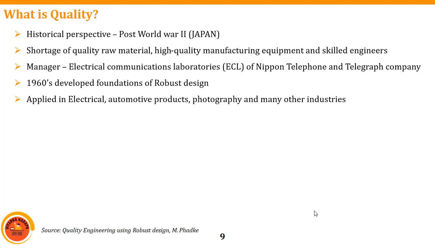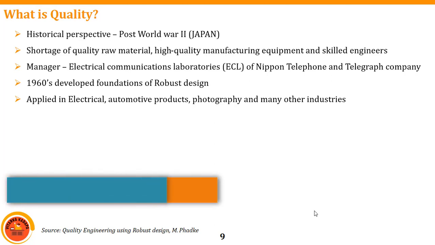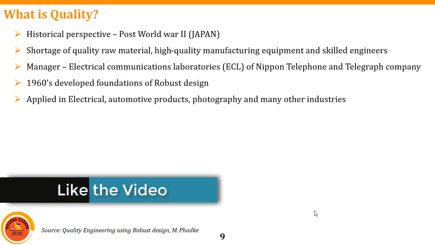Some of the best examples we see today are Toyota, Honda and Sony products. All of these have a good product life. Even on the automotive side, Ford also has a quality aspect like that.